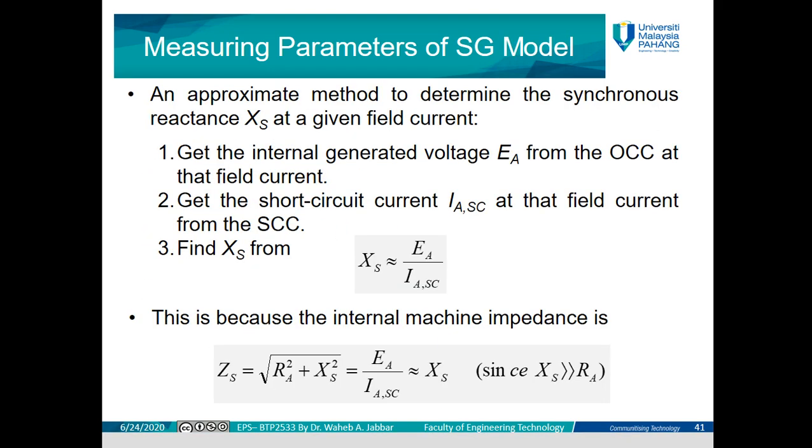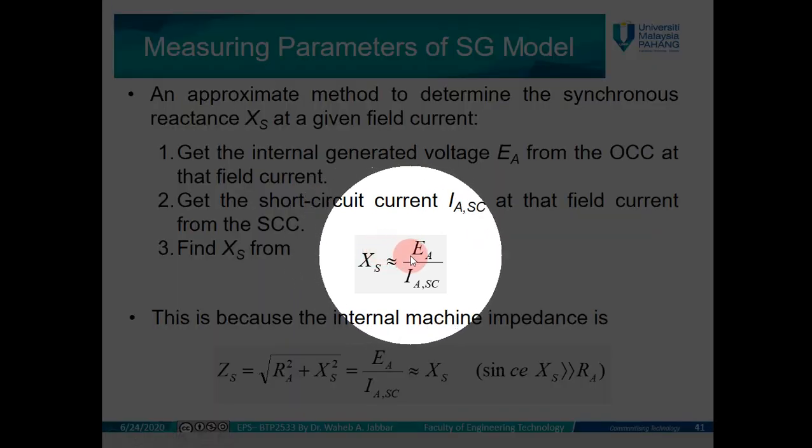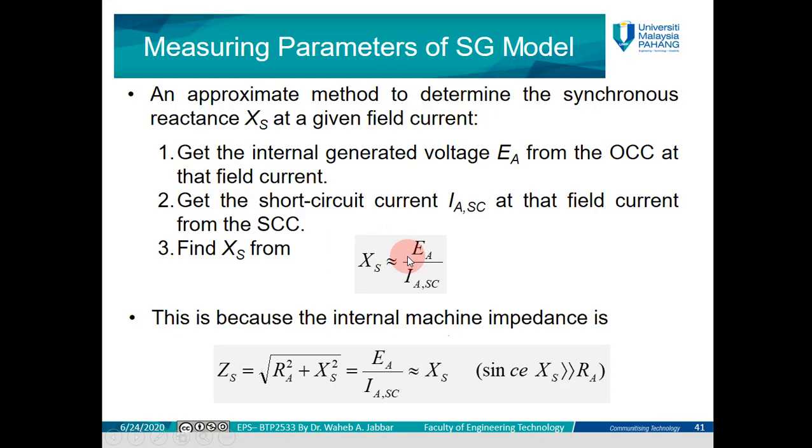The second step is to find the value of the short circuit current. So we have the open circuit voltage and the short circuit current. From these two values, we can find the value of XS, which equals EA over IA short circuit. So XS, the synchronous reactance, is equal to the open circuit internal voltage EA over the short circuit armature current IA short circuit.